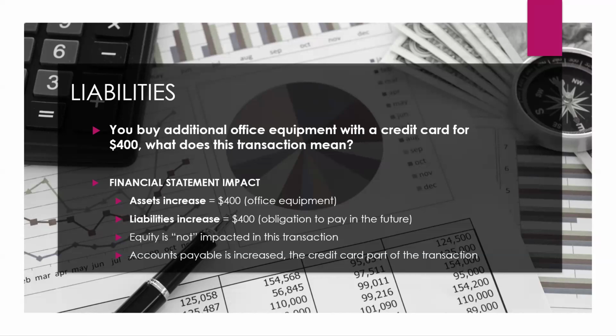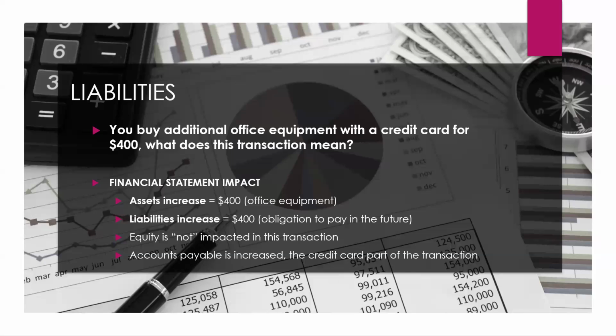Then you have your liabilities this time that increase. Last time on the example, we talked about putting $7,000 of cash into the business. This time we're saying with a credit card for $400, your assets are going to increase and then your liability is going to increase.